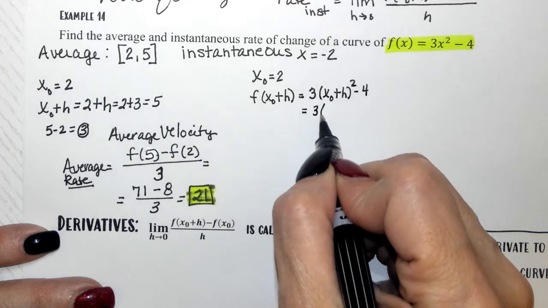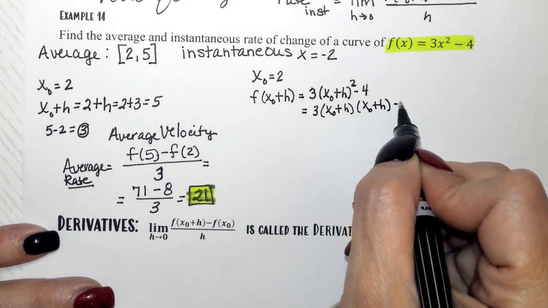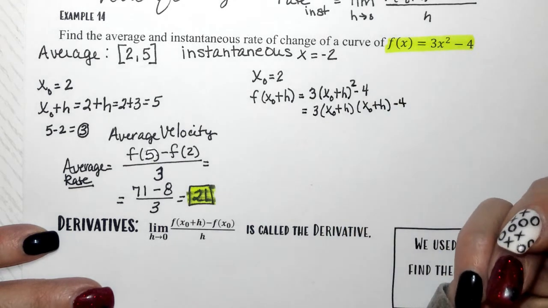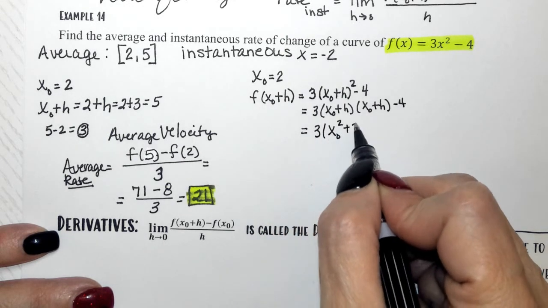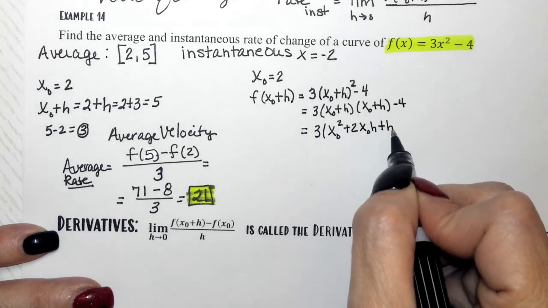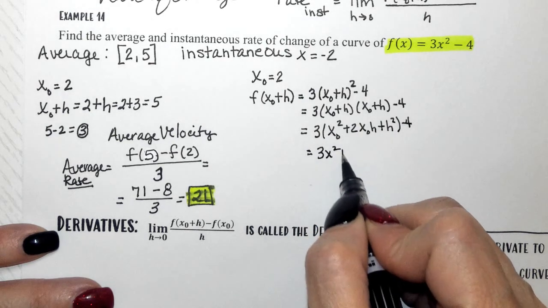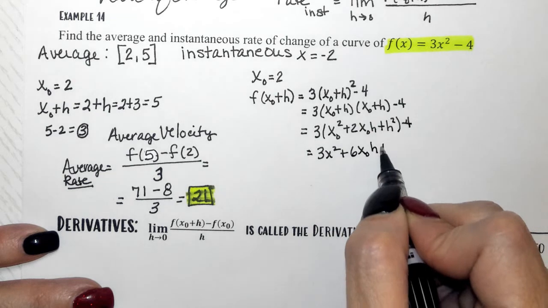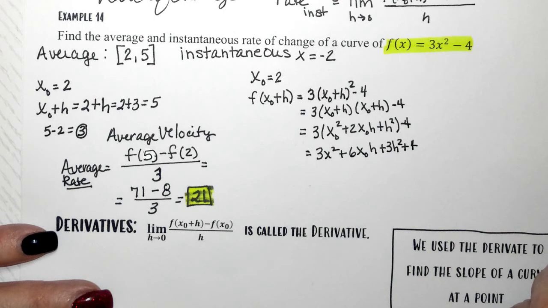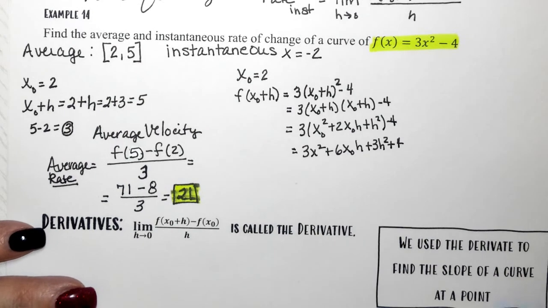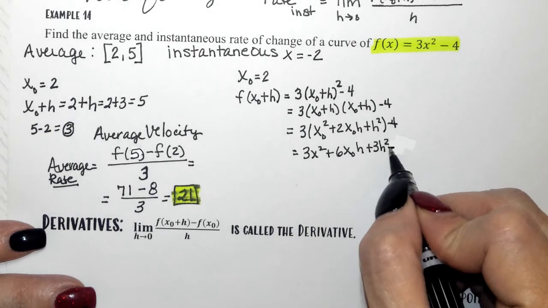That's going to be 3 times (x naught plus h) times (x naught plus h) minus 4, which is 3 times x naught squared plus 2x naught h plus h squared, minus 4. I'm going to multiply everything by 3 and get 3x naught squared plus 6x naught h plus 3h squared minus 4. Oh, I changed my minus 4 to a plus 4. Let me change that back to a minus 4.